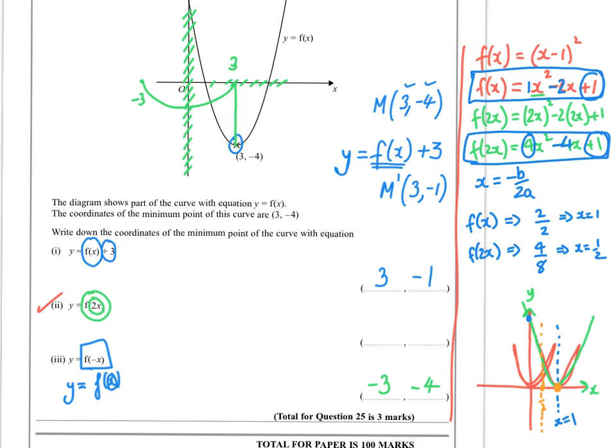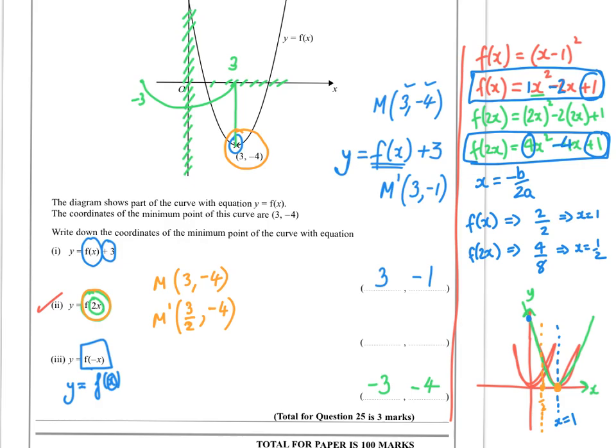So if you look back at this one here, and the coordinate m was 3, minus 4, what this f of 2x will actually do is it will take the x value and it will actually halve it, but the value will still be plotted at the same height as it was before. The y value will be completely unchanged.